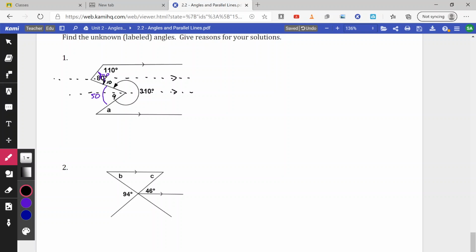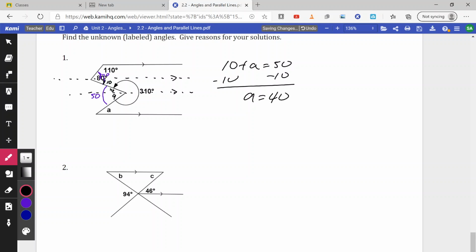Which means if this angle is 10, alternate interior angles means this section is 10. So if I add up 10 plus A, I'm going to get 50 degrees. Subtract 10 from both sides, and I get A equals 40.